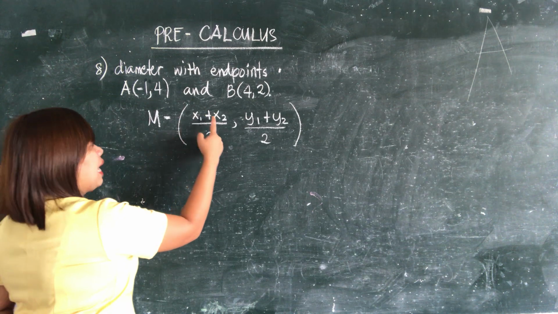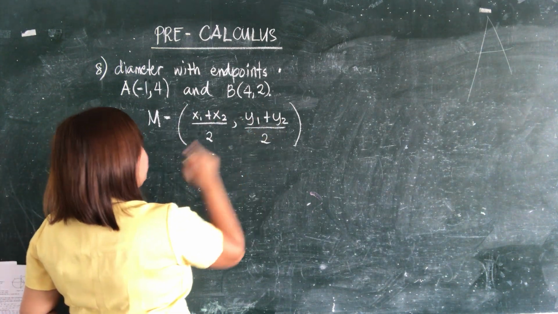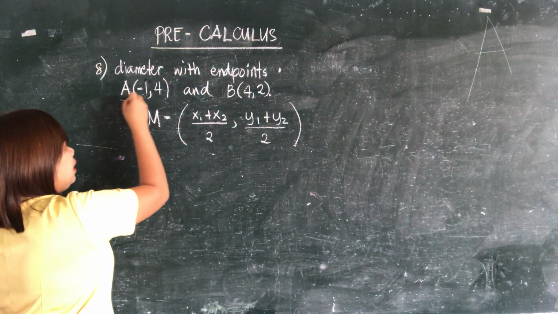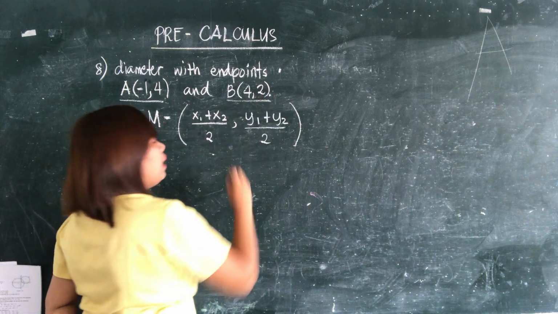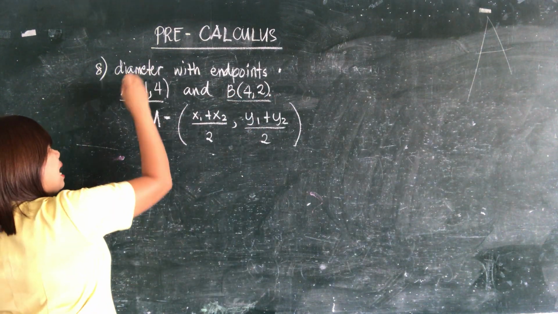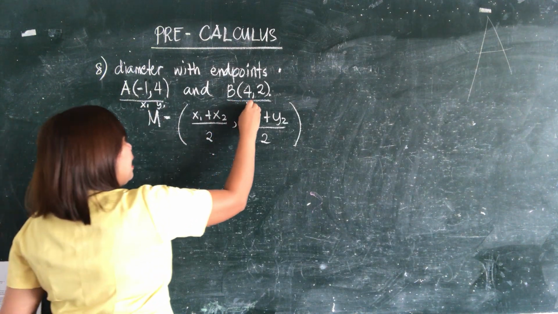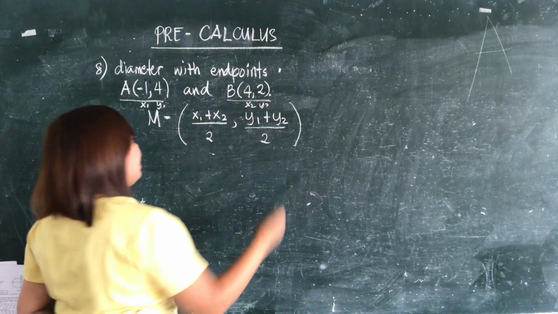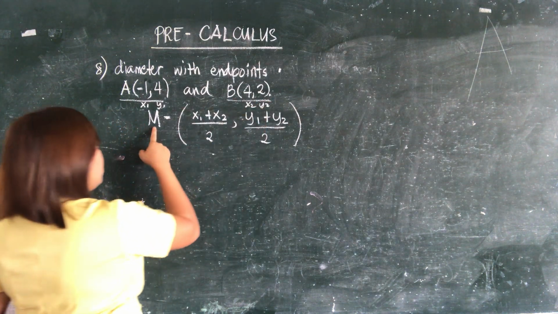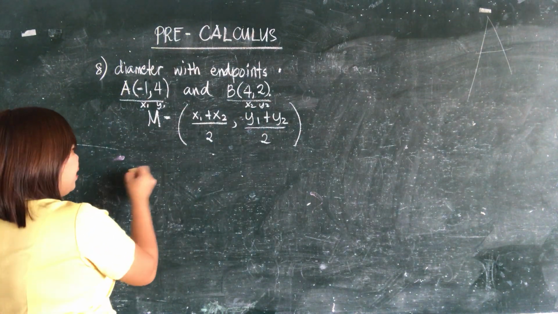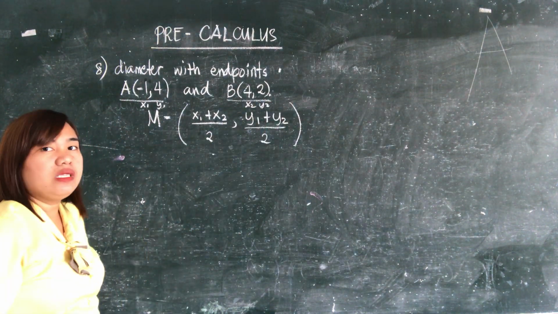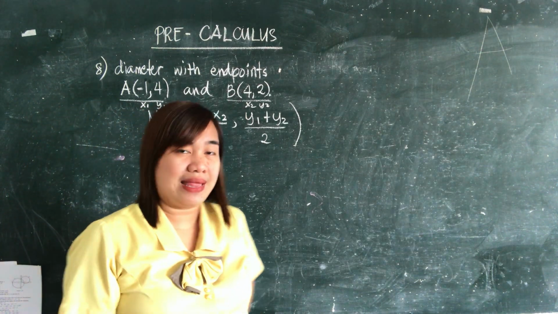Yung x sub 1, x sub 2, y sub 1, y sub 2 ay kukunin natin dito sa dalawang given na point. So let us assign this as x sub 1, y sub 1, x sub 2, y sub 2. Then substitute in your midpoint. Yung midpoint ng A at saka B will serve as your center.